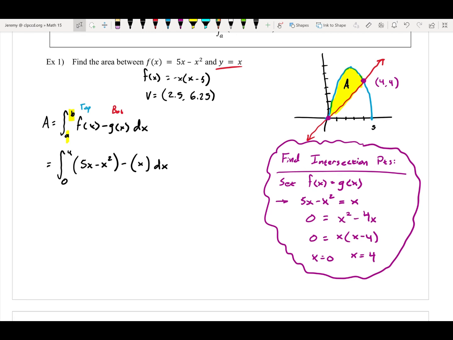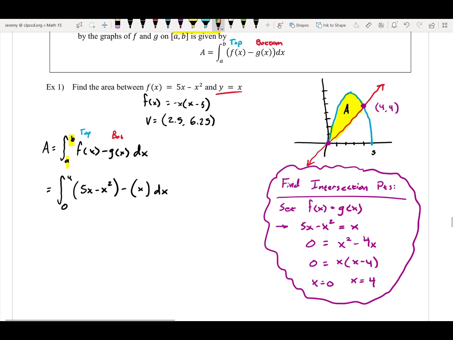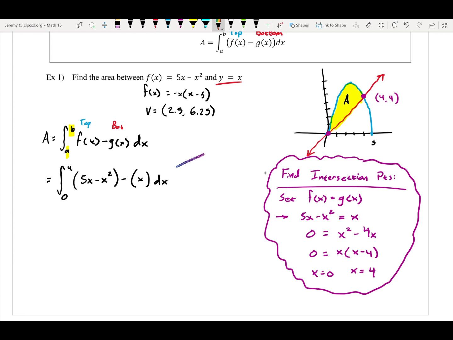All right, so that's really the only new thing that we're doing here as far as finding areas between curves, because at this point it's just a definite integral. We know how to deal with these now, so really setting up the integral, finding those limits of integration, setting it up correctly. If this was on a test and it was a 10-point problem, that might be 6 out of 10 points right there, just getting that integral.